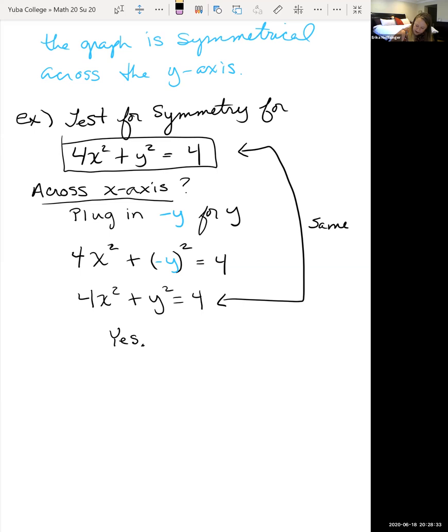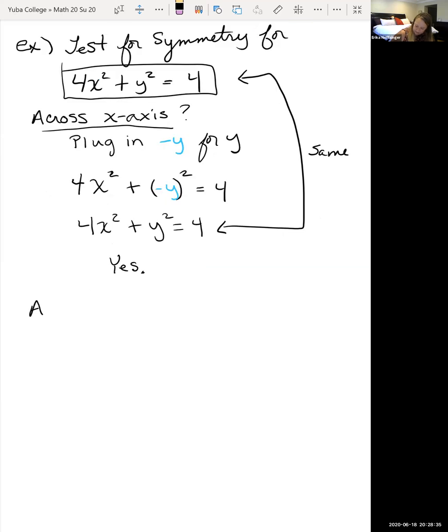So across the y-axis, well, we're going to plug in negative x for x.